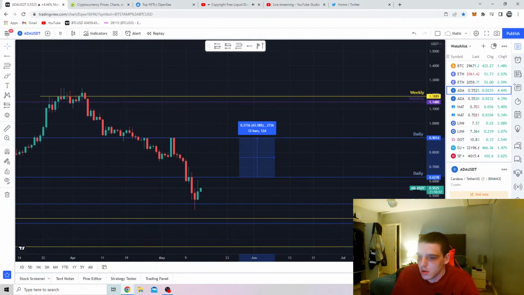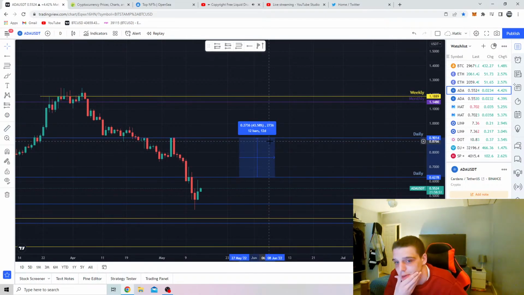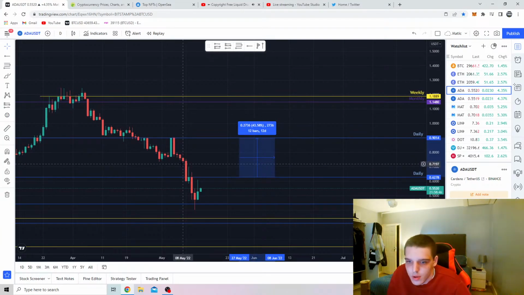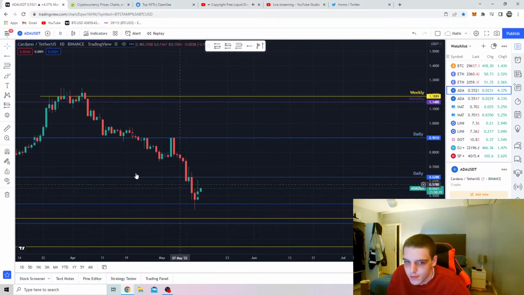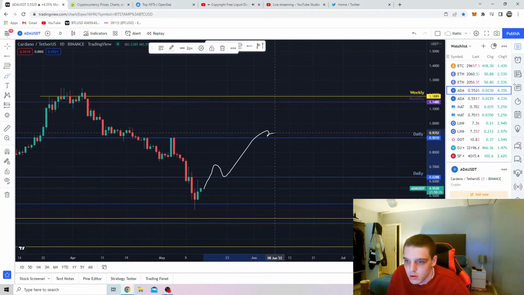I mean, 43%, even from a trade perspective, that's a very nice amount of money. But there's no real crazy levels of resistance until you get about here. For Cardano, we have to go up above here, hold that, boom. That could be a scenario.